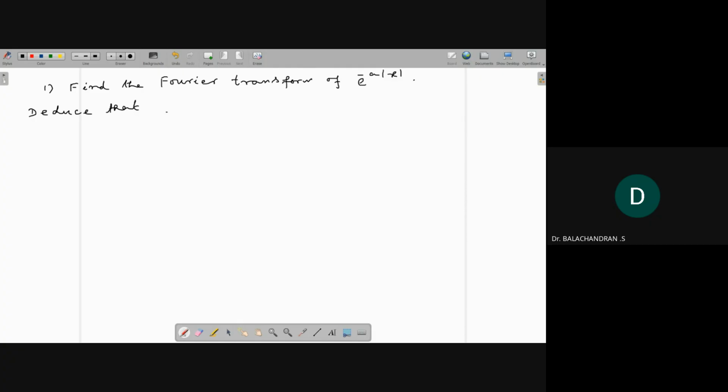Subdivision number one: the integral from 0 to infinity of cos xt by a square plus t square into dt.